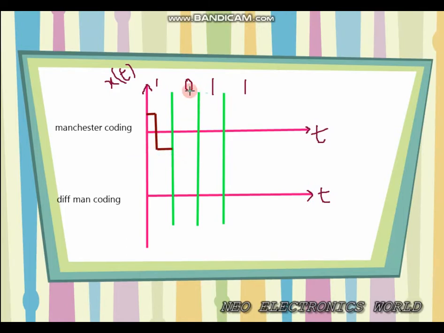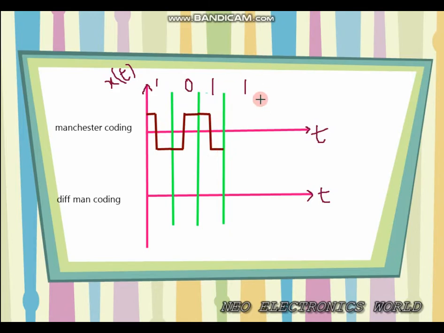we have positive amplitude for half the time duration and negative amplitude for TB/2 duration. Then it is 0. How can we represent that? First we can see negative amplitude, and then it will be increasing to positive amplitude and then continue at this. And again, one half positive amplitude and the other half negative amplitude.